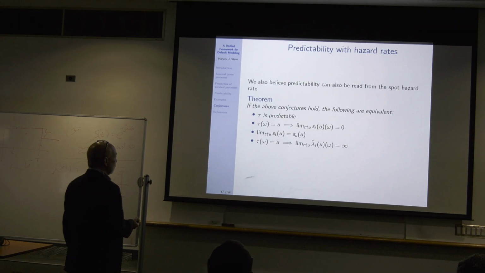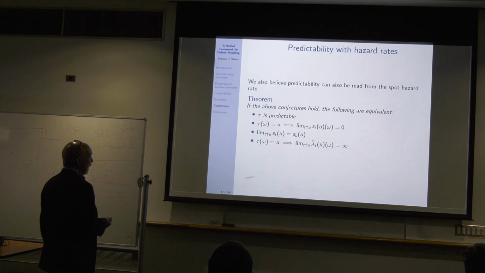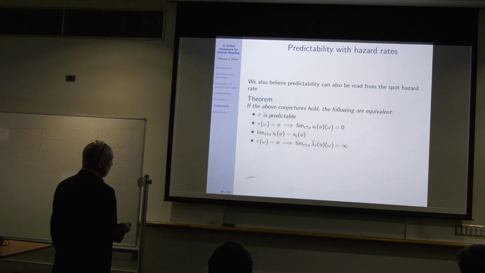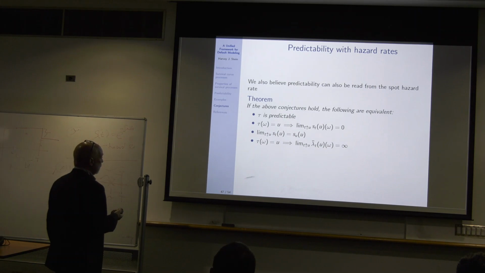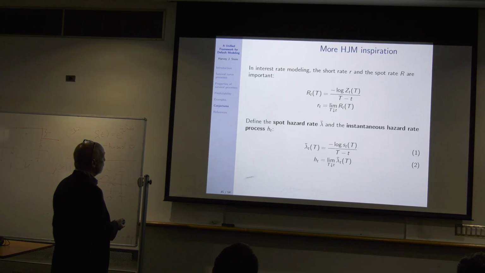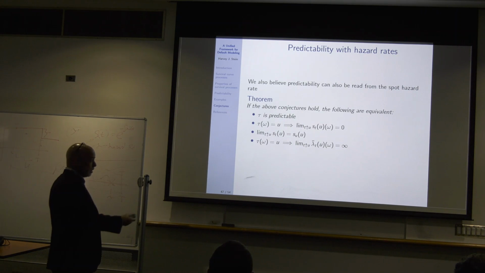So ultimately, if all those above conjectures hold, then tau being predictable means that the survival curve goes to the indicator, and the corresponding integrated hazard rate, what did I call that thing? The spot hazard rate, right? The limit of the spot hazard rate should be infinite because you're going towards a default.